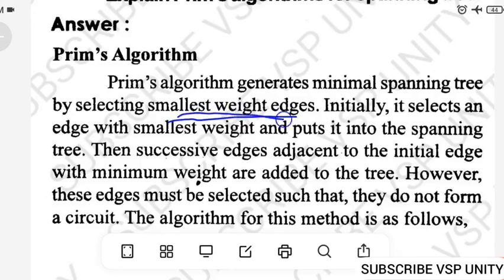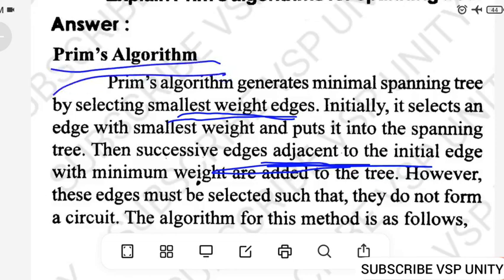That particular edge will be selected, and after that, the adjacent edges which have less weight will be selected. In that way we will be selecting the adjacent edges one by one using Prim's algorithm. Theoretically you will understand this much only; when we go for the example, it will be more clear to you. Then just look at your example.